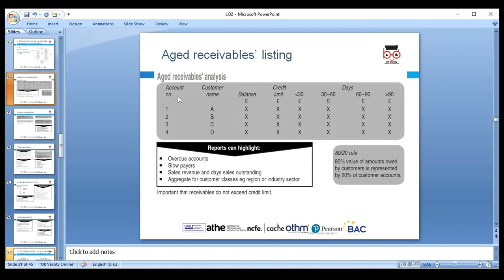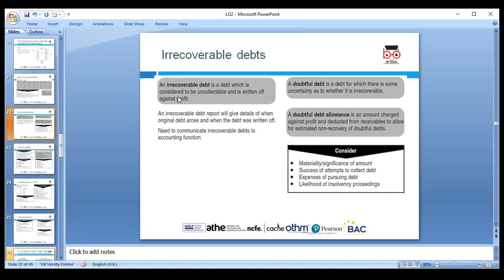Okay, so we can look at the account number, aged receivable analysis: who the customer is, what the balances are, what the credit limit is. Those are less than 30 days, 30 to 60 days, 60 to 90 days, or more than 90 days. And then we can decide on irrecoverable debt. As I mentioned earlier, irrecoverable is an expense which we can't recover. We need to decide how much irrecoverable debt we have this year, because if it's increasing, the business is actually losing cash.